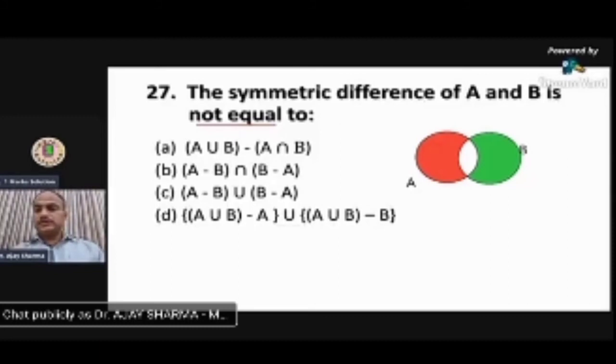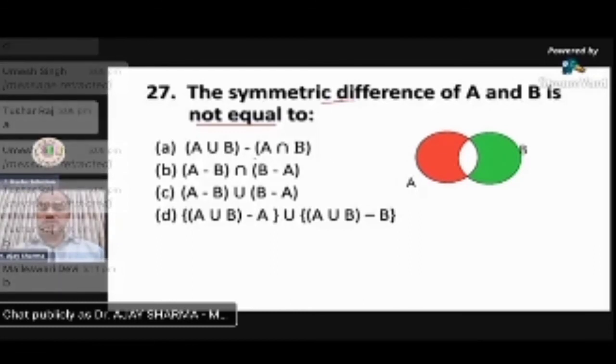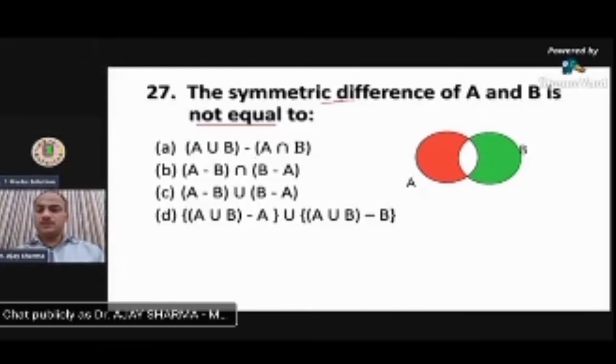This is only A, this is only B. The red portion is only A, the green portion is only B. When we combine these portions, the colored portion in this figure is the symmetric difference. Red and green portion combined. Now we have to tell which thing this portion is not equal to. It means 3 options will be equal to this portion and 1 will not be equal to it.